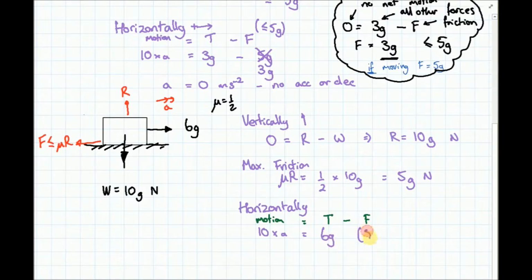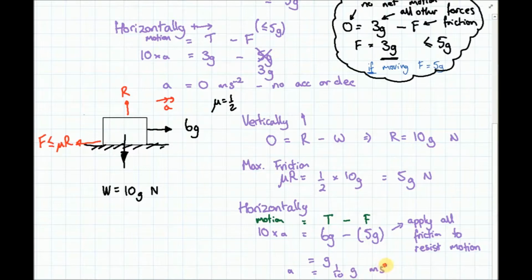My friction potentially could be 5G. As 6G is greater than the 5G, we are now able to apply the full friction to resist motion. So this equals G. So my acceleration is 1/10 of g meters per second squared.